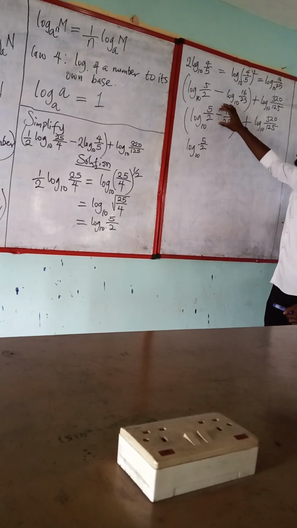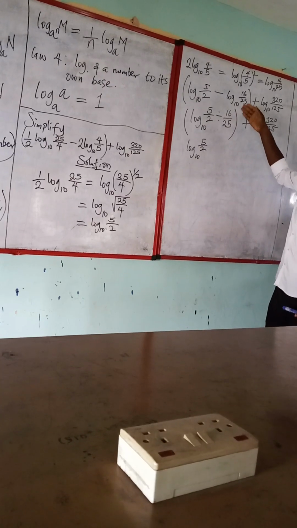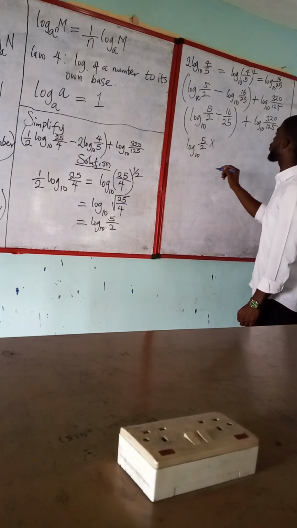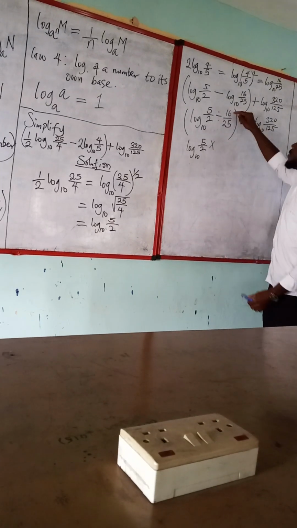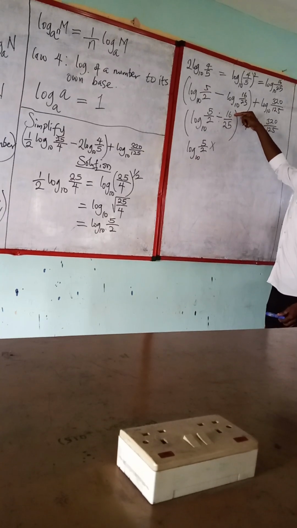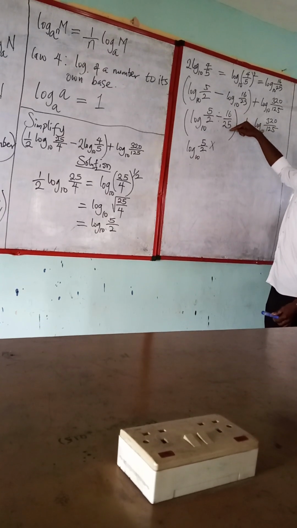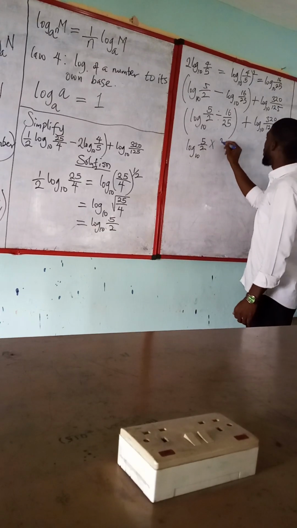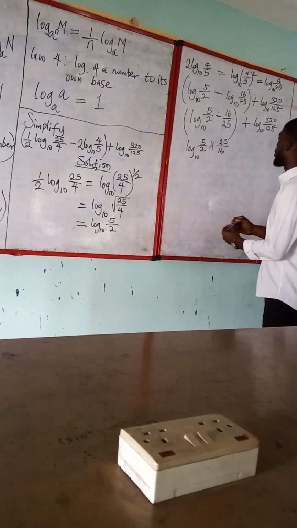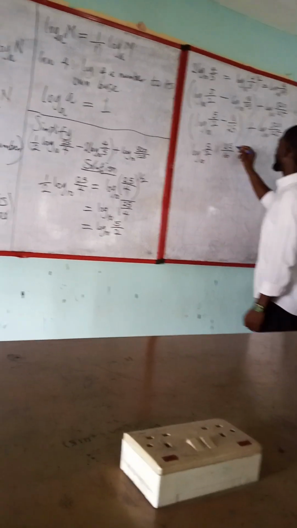But if you are going to do this, we are going to take the inverse or the reciprocal of the divisor. So if I change this to times, I'm going to take the inverse of the division, meaning that the denominator becomes the numerator, while the numerator becomes what? The denominator. So this will now be 25 over what? 16.